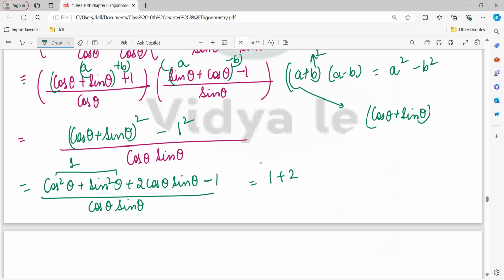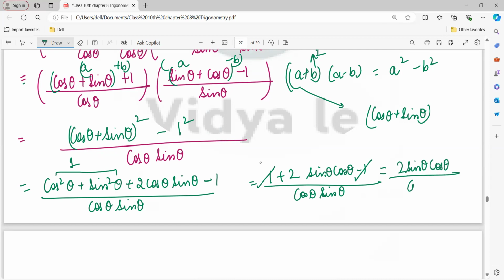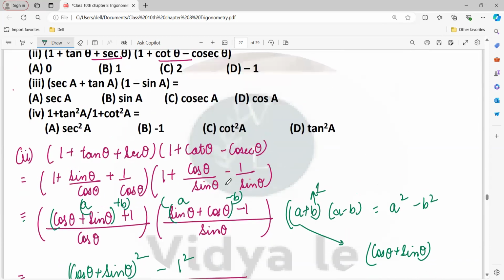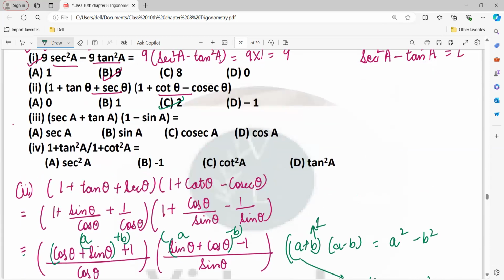So we'll get 1 plus 2 sine theta cos theta minus 1 upon cos theta sine theta. This 1 and minus 1 will get cancelled out. So we are left with 2 sine theta cos theta upon cos theta sine theta, where cos and cos, sine and sine will get cancelled out. So we got the value as 2. So option C is the correct answer. Okay? Is it clear to everyone?